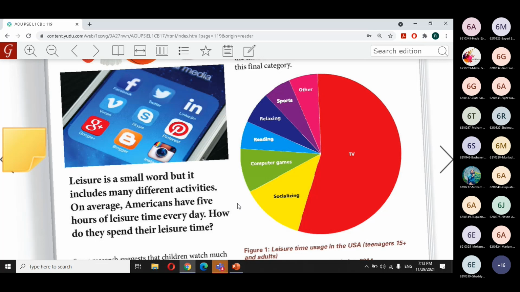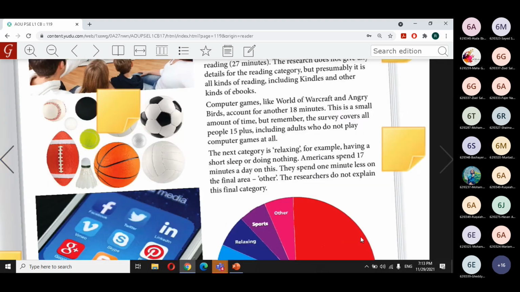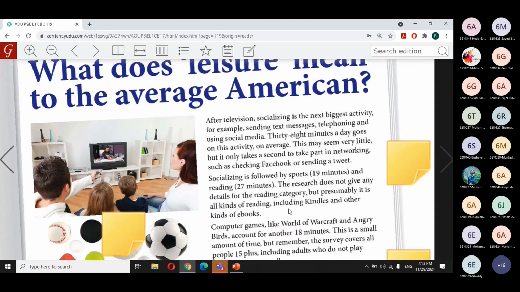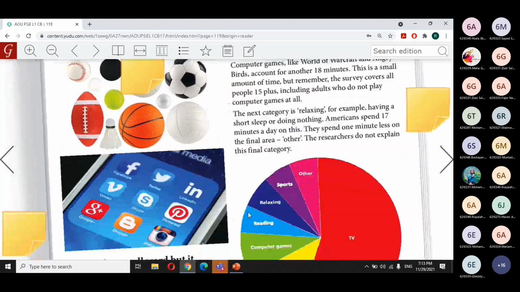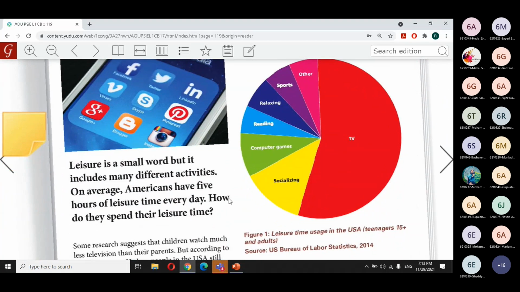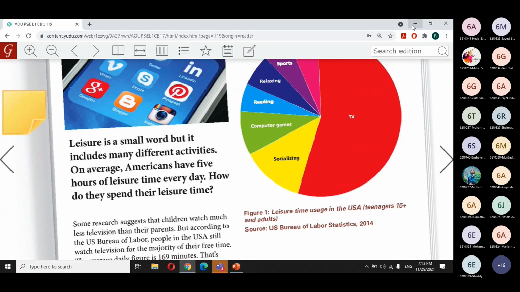So this is very important. Before you read the text, try to get yourself ready for the text. Prepare yourself for reading by getting information from the heading, and if there are pictures, graphs, charts, things like this, you can get information about the text.